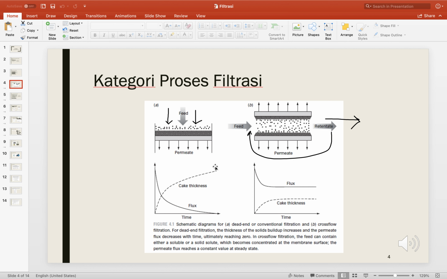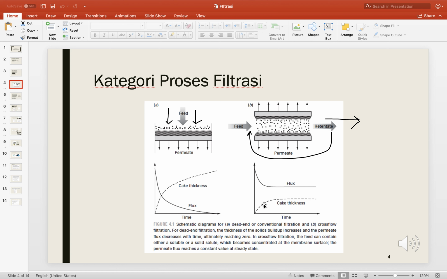What makes them different is that in the conventional one, usually your cake thickness will increase over time, indefinitely. But in the cross-flow filtration, the cake thickness will increase in the beginning of the filtration, but then it will reach some constant value.